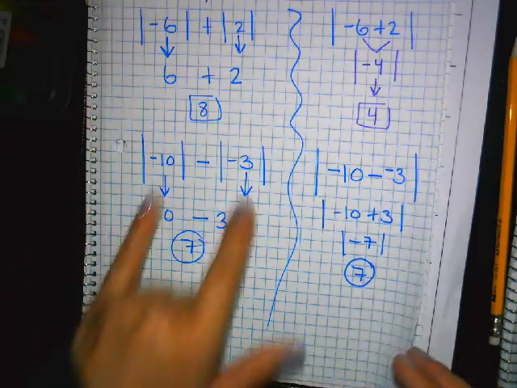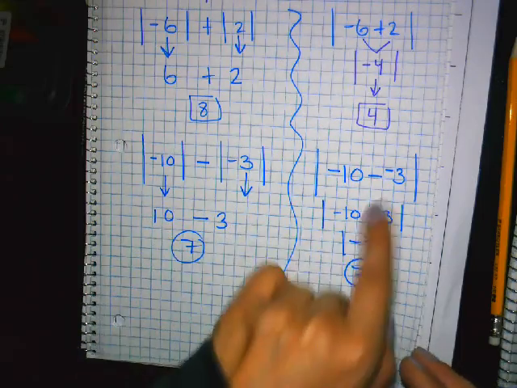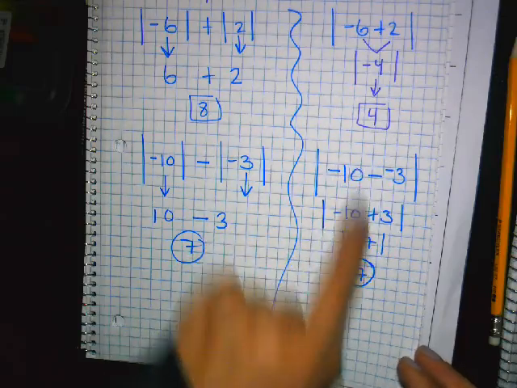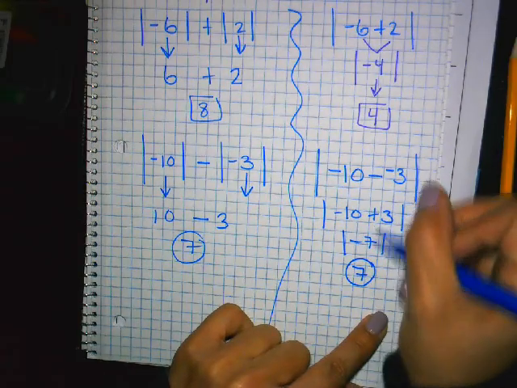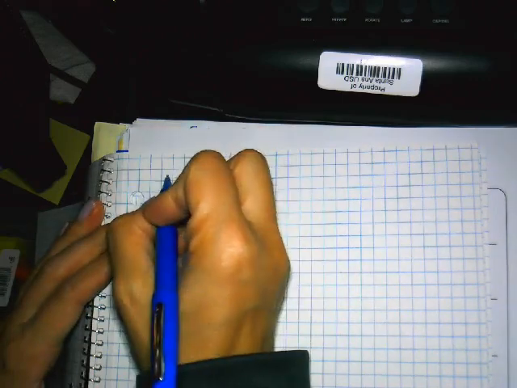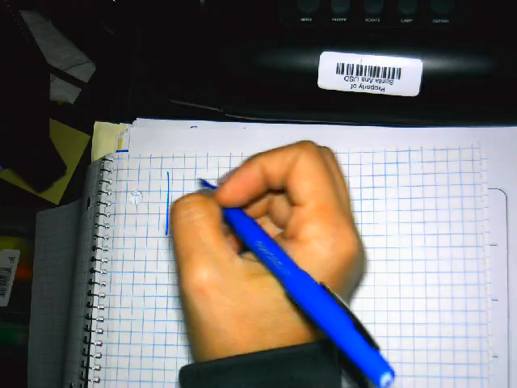So individual bars, drop them down, then do the math. Kind of like parentheses, do this math first, then take the absolute value once you have one number. One number, then take it out. Okay, let's see. Absolute value of, what should I do?